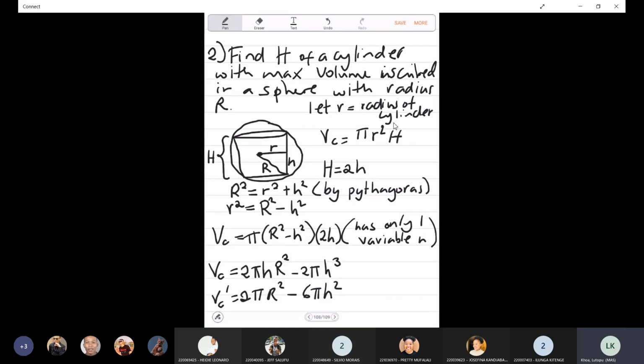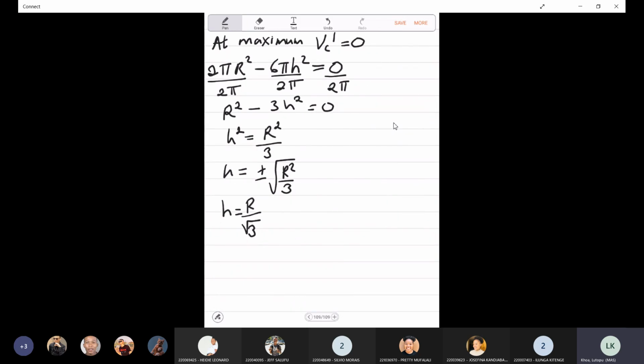Okay, so if you have a sphere with radius R and you want to inscribe a cylinder in that sphere so that that cylinder has a maximum volume, all you need to do is take the radius of the sphere, divide it by the square root of 3, and then that will tell you what height you must make that cylinder.